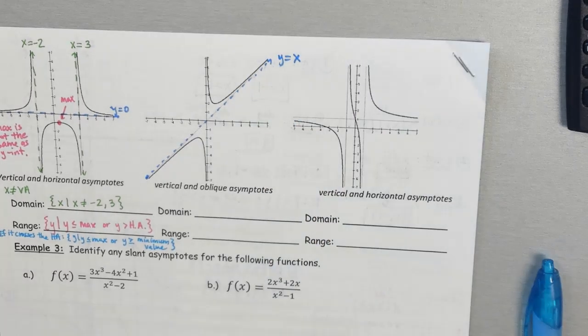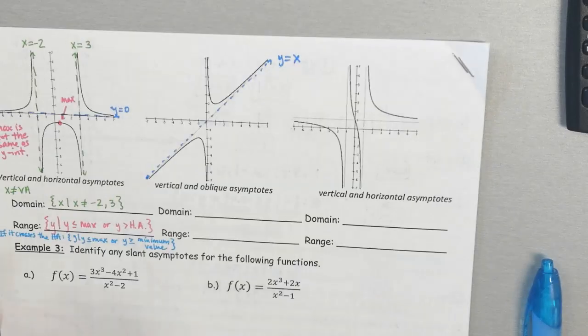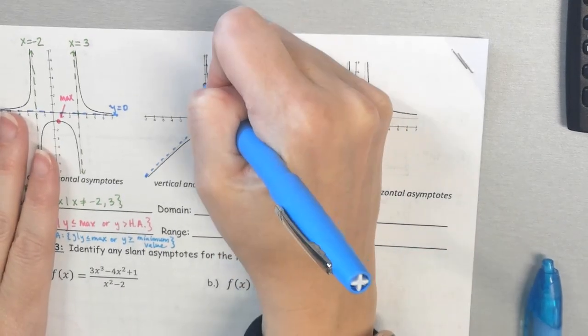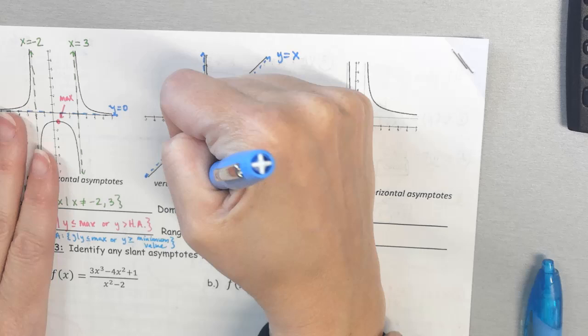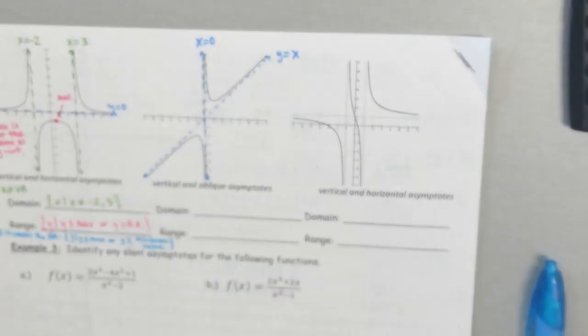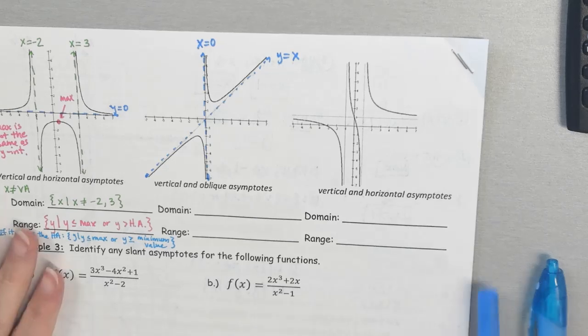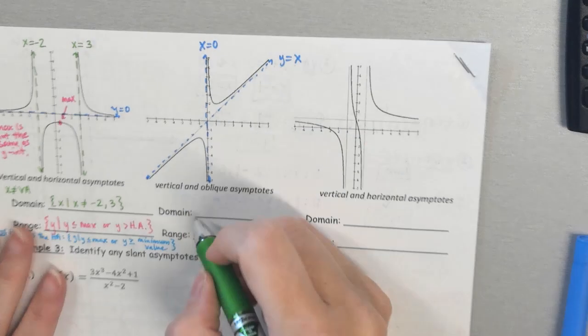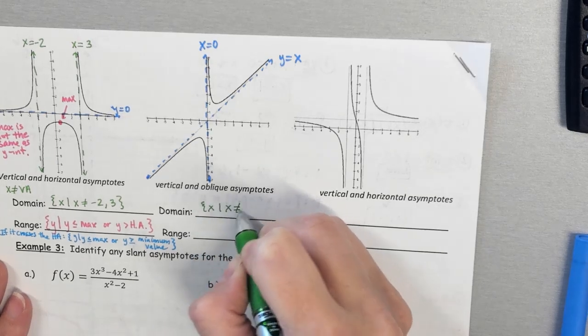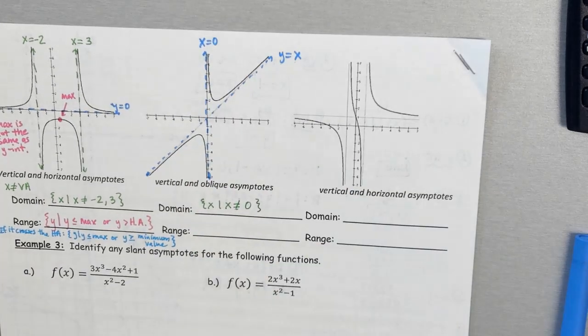So this asymptote here is y equals x. You guys would go ahead and find these. We're going to practice finding them. And then x equals 0. So your domain is always going to be excluding your vertical asymptote here. So it's the x equals 0 that it cannot equal.